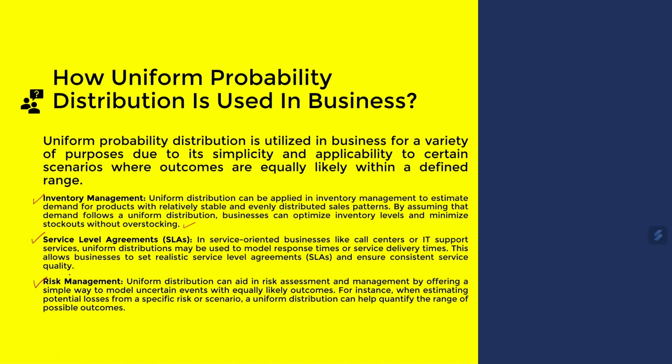When it comes to managing risk in the business, uniform distribution can aid in risk assessment and management by offering a simple way to model uncertain events with equally likely outcomes. For instance, when estimating potential losses for a specific risk or scenario, a uniform distribution can help quantify the range of possible outcomes.